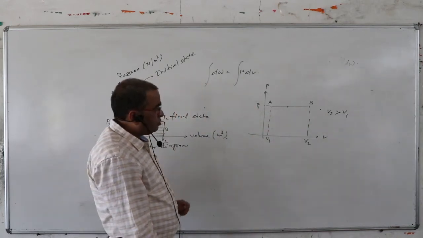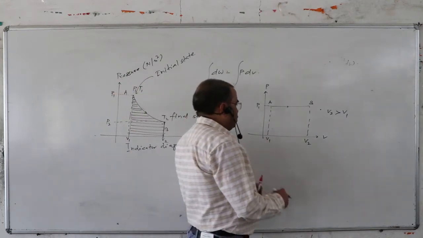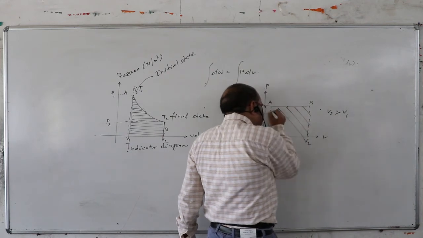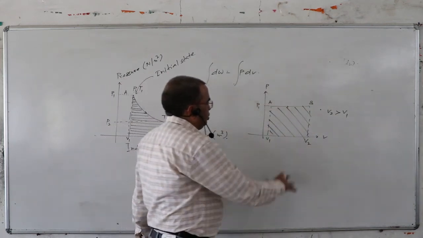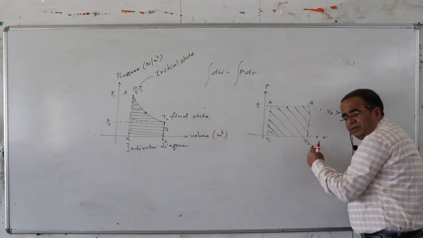Come on, find out the work done then. Work done by the gas, as I have told you, is the area between the curve and the volume axis. So this is the shaded region, and it looks like a rectangle.